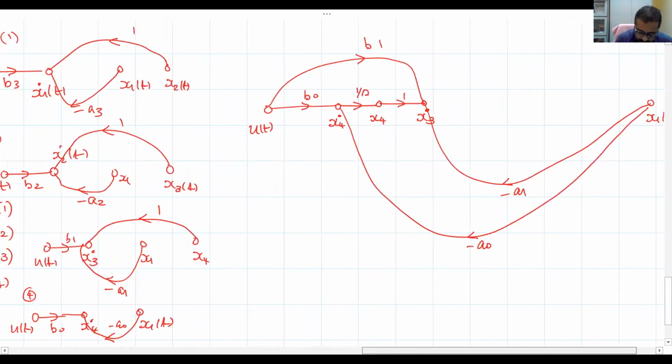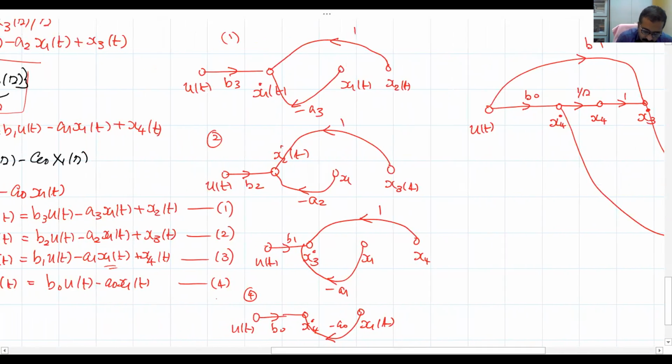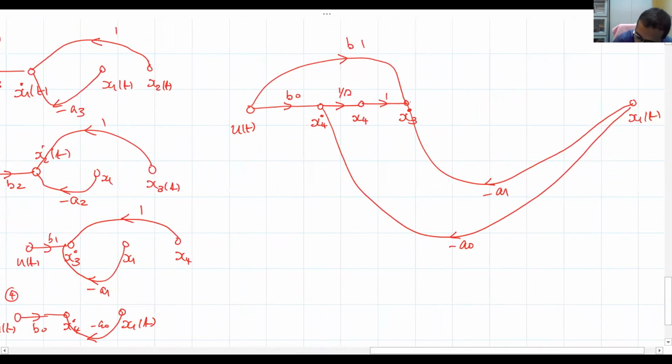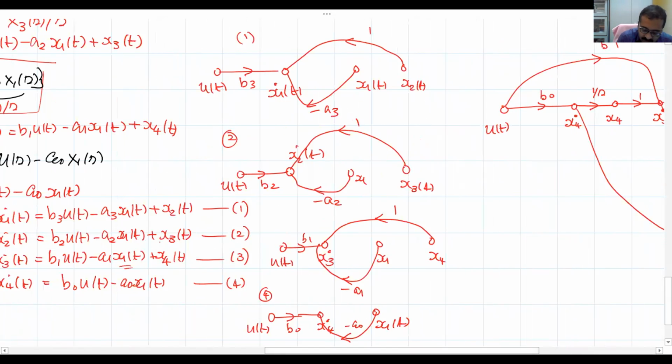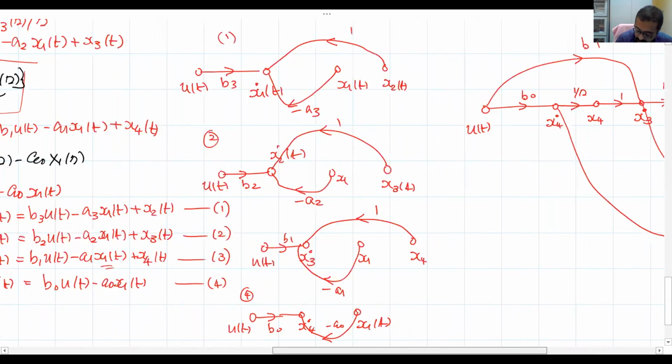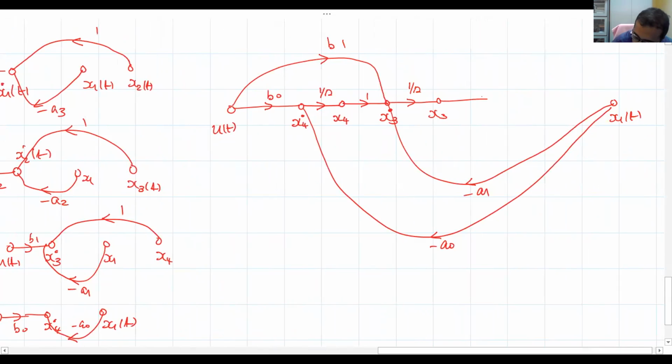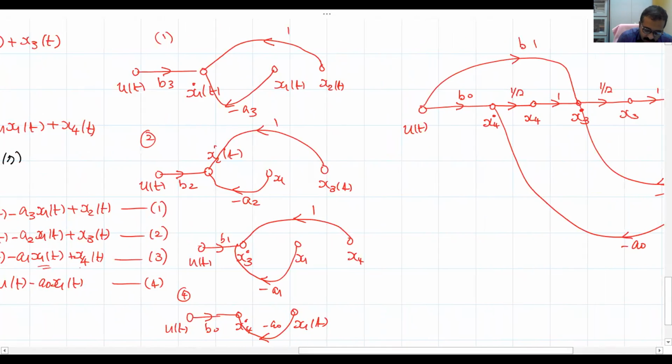Fine. Now coming to the second equation, what is that? Plus x3, so that means x3 dot. This has to be integrated to get x3. Now there has to be a signal from x3 at a gain of 1. See the equation 2: x2 dot is the sum of all these three components. So there should be a gain of 1, and this node must correspond to x2 dot t. What is x2 dot?